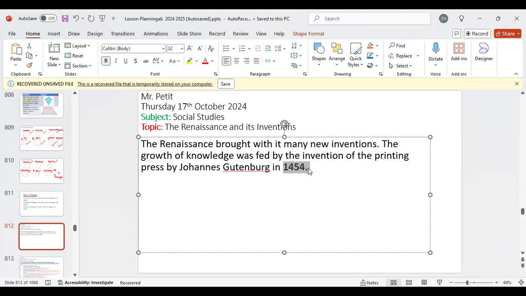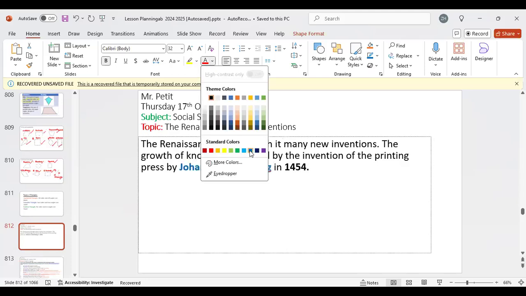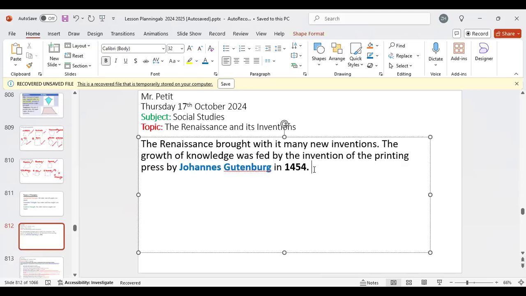In 1454, by Johannes Gutenberg. So basically, books could be made more quickly, more rapidly, more cheaply. We know that with the printing press, things could be printed more efficiently, more quickly and cheaply, or books could be made more cheaply and quickly.